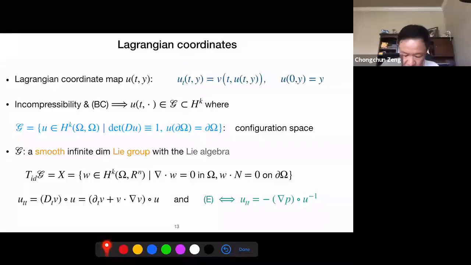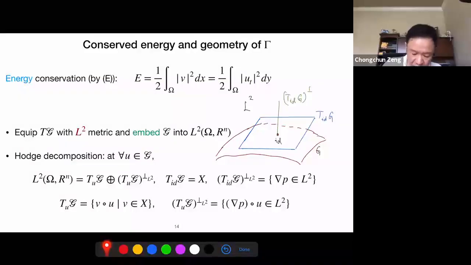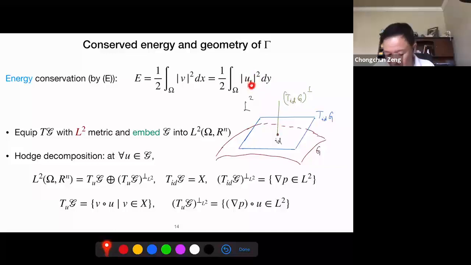Here the metric structure comes from the energy structure. From the Euler equation, there is a conservation of energy, which is basically the kinetic energy, half of the L2 norm squared of the velocity. In the Lagrangian formulation, that is equivalent to the velocity of the Lagrangian map.